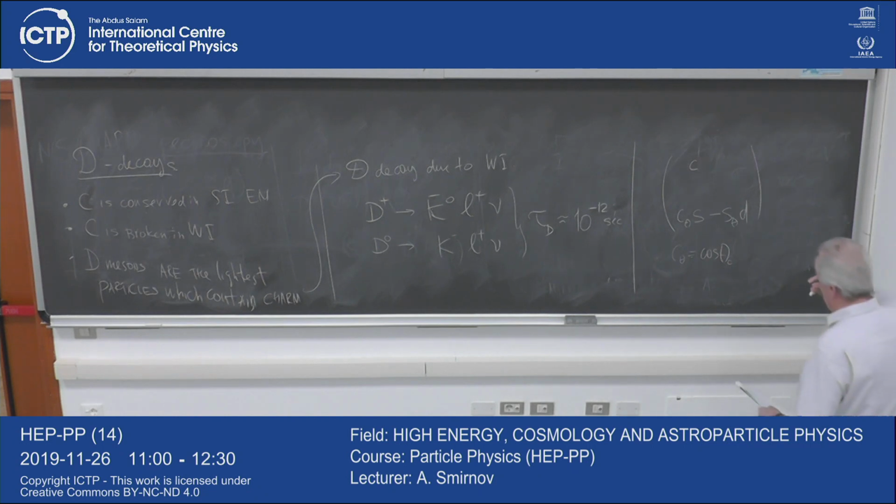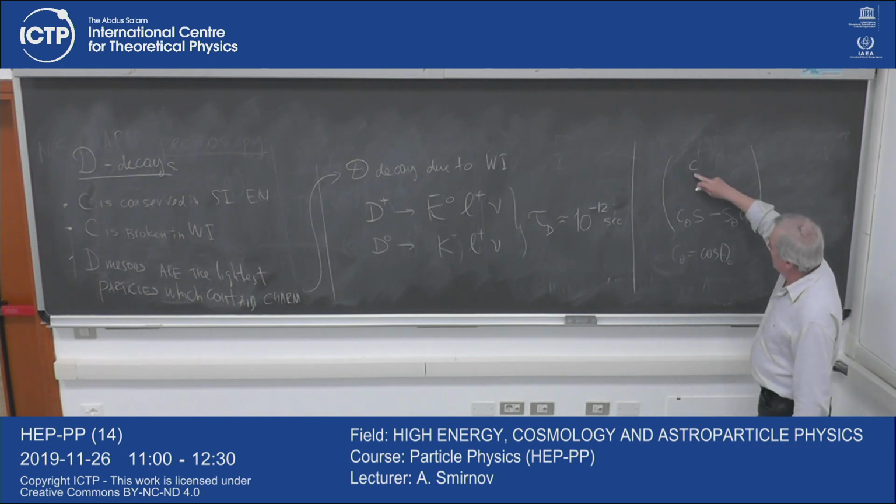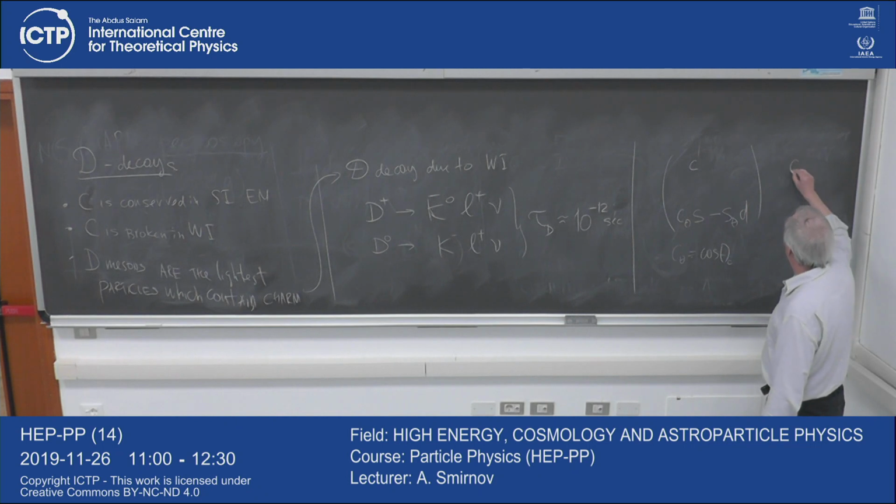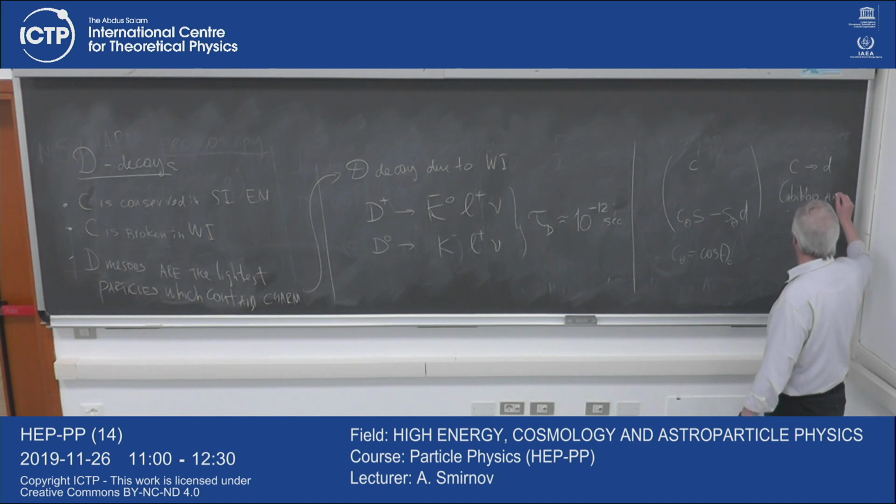So the current is proportional to cosine and sine. So here, charm mostly decays into S because cosine is bigger than sine. And now we have Cabibbo suppression of the transition of charm to D. So this is a Cabibbo suppressed transition, Cabibbo angle suppressed.